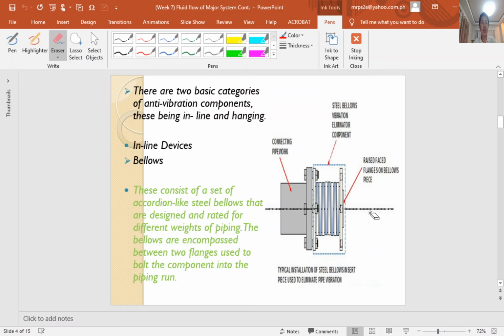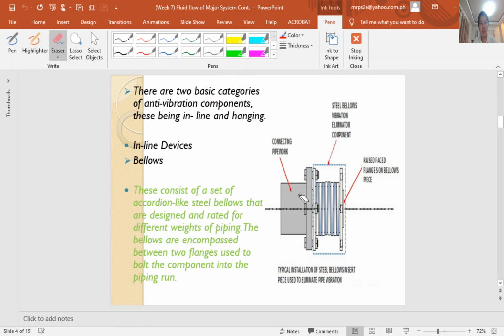So if there is no bellows in the pipe, your pipe will surely be cracked or cut because there is no play between the joints, so it cannot move, so the pipe will break. So this is the purpose of the bellows.